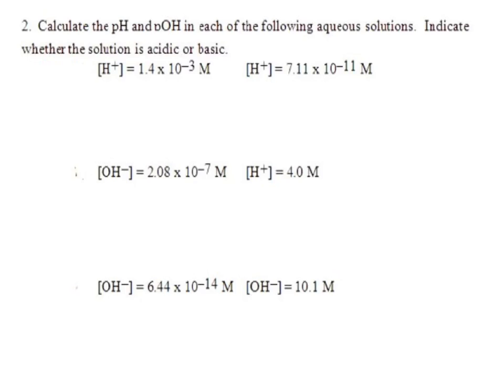All right, so calculate the pH and pOH in each of the following aqueous solutions. Indicate whether the solution is acidic or basic. So we have our H plus concentration, and we need to find the pH and the pOH.